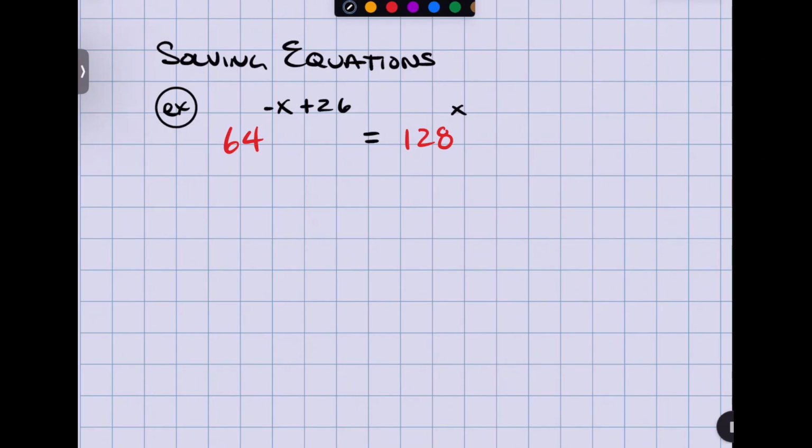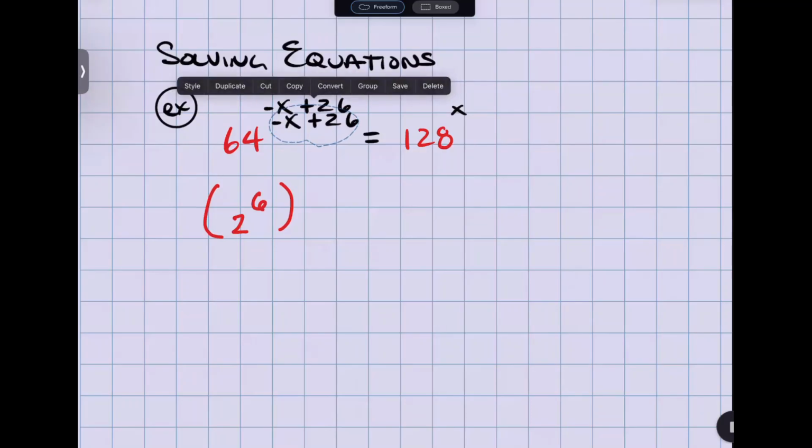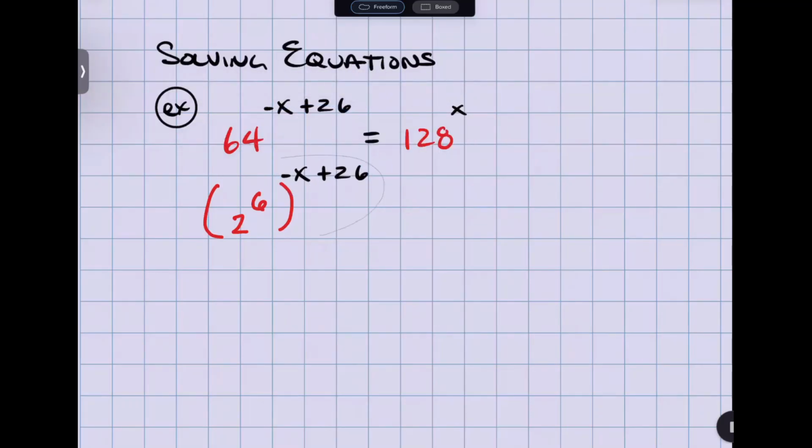I can write 128 as a base of 2, but I can't write it for any other power, because I can't write 128 as a base of 64, because 64 squared is not 128. But I can write 64 as 2 to the 6th power, and then raise that to this power here. That I can do.